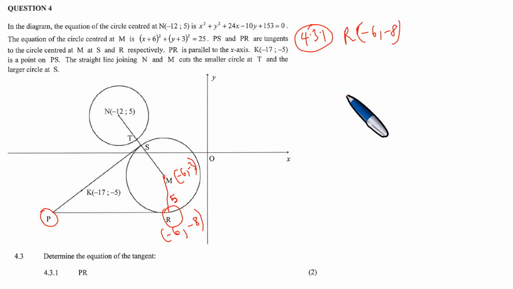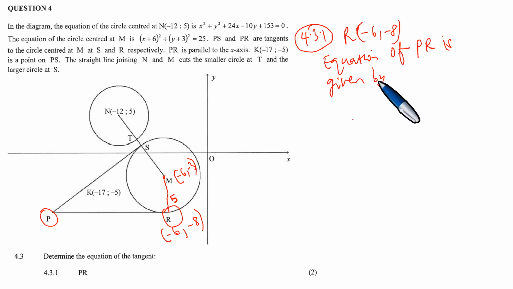So what is the equation of PR now? The equation of PR is given by, right, so the equation is just y equals -8. Okay, so that is the answer.